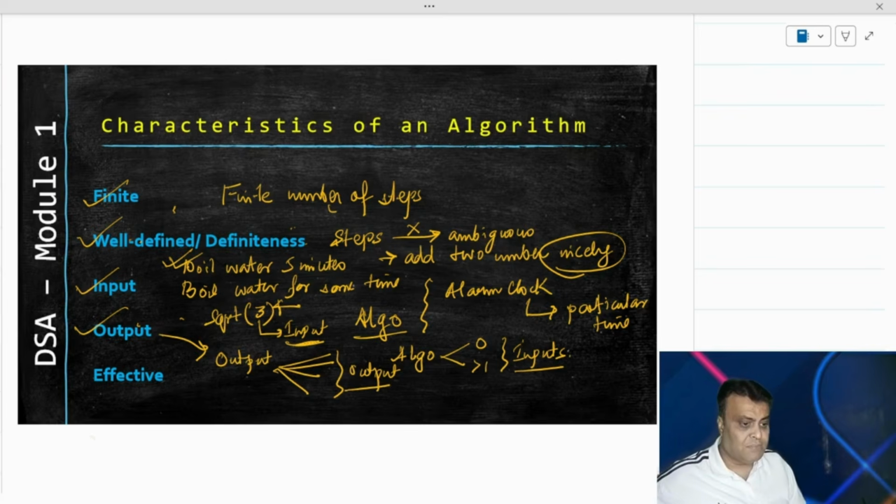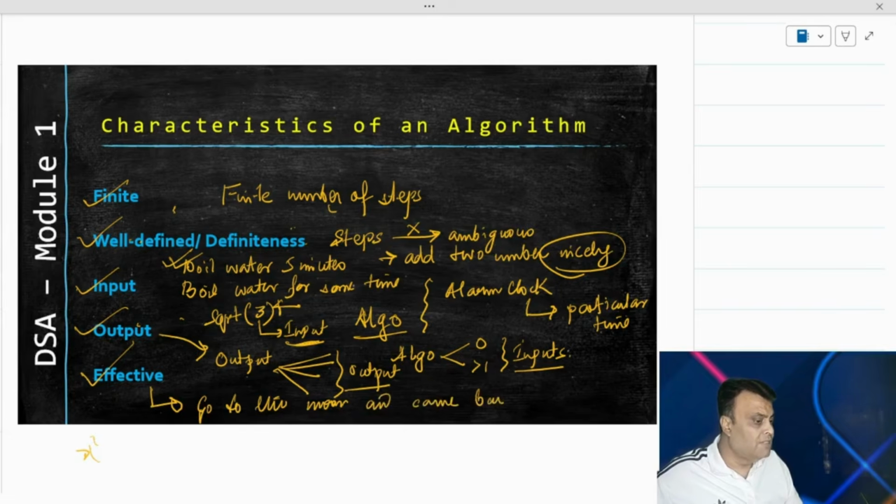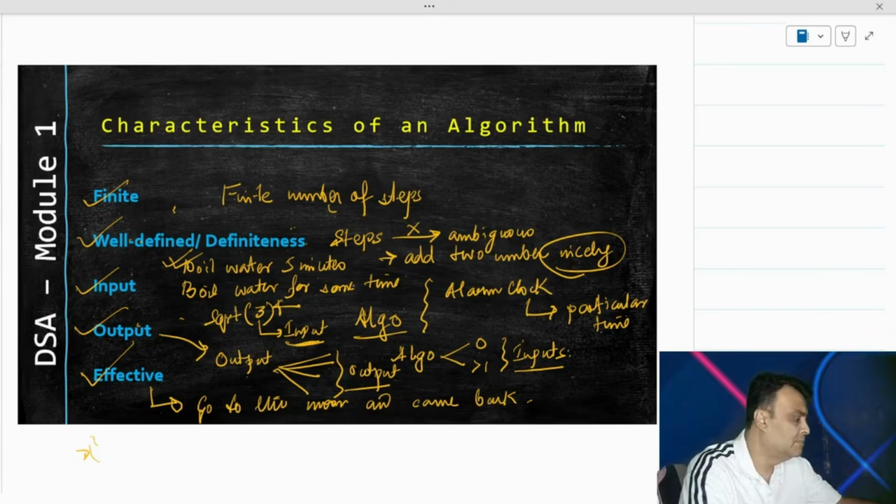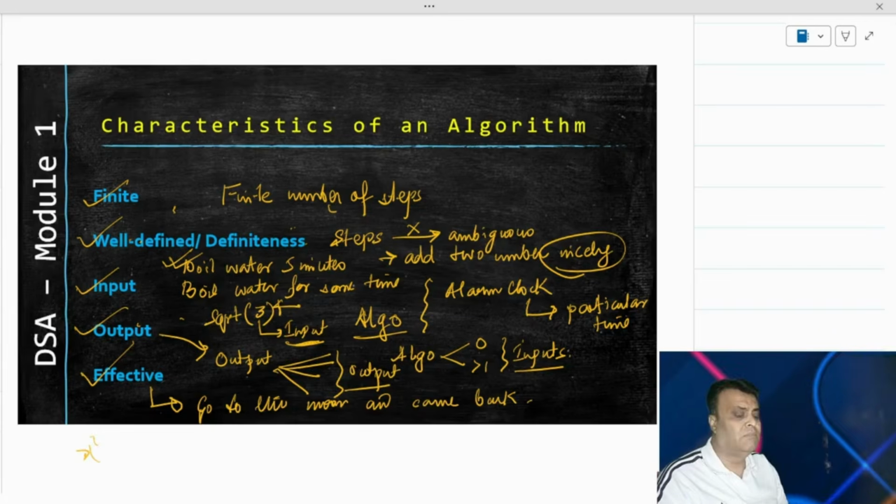The other thing is the steps that are there in the algorithm. These steps should be very definite, or rather effective. Definite we already covered. So what is effective? Let's say I say, go to the moon and come back. This is not an effective algorithm, because it cannot be simulated or created on a machine, on a computer system.